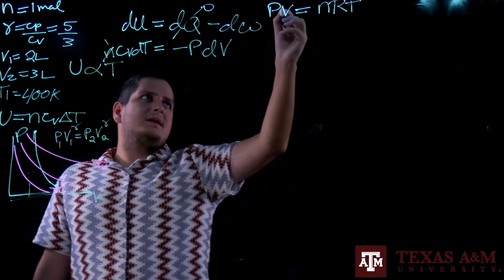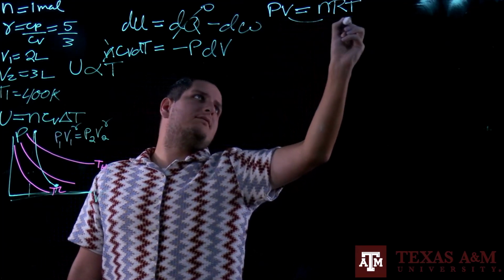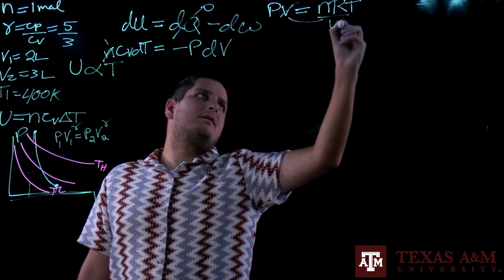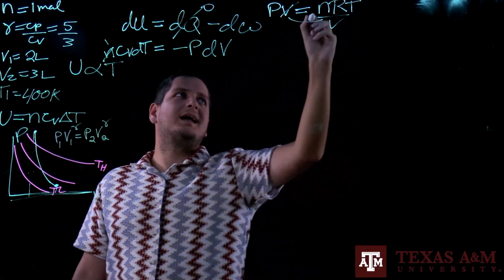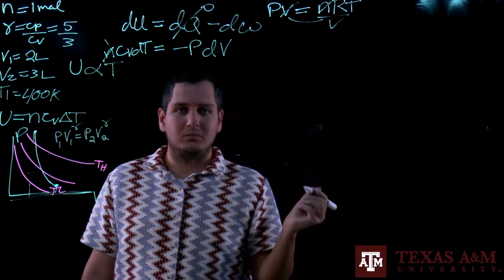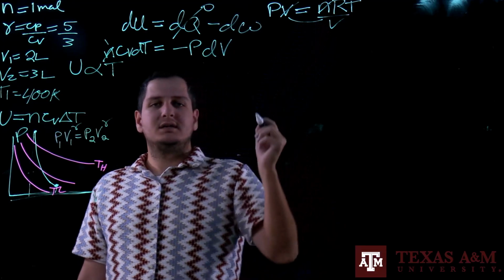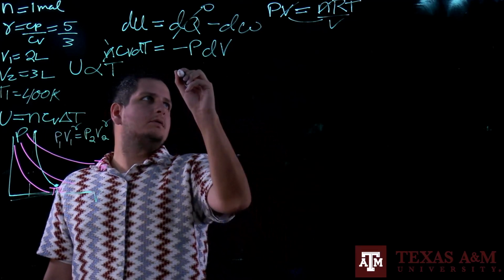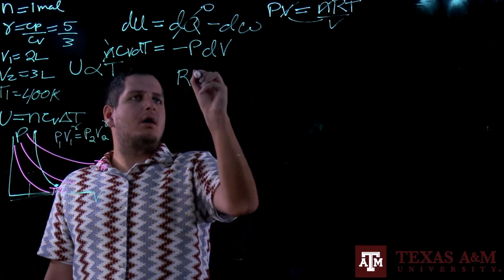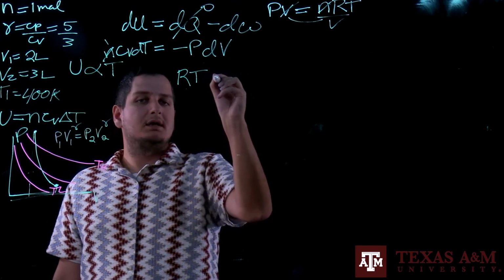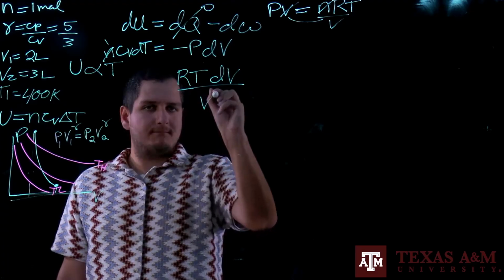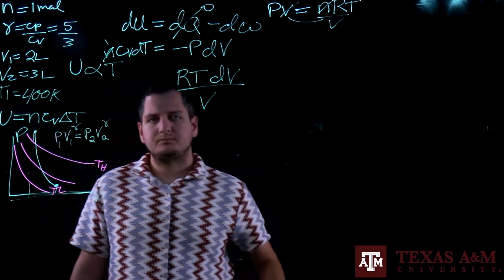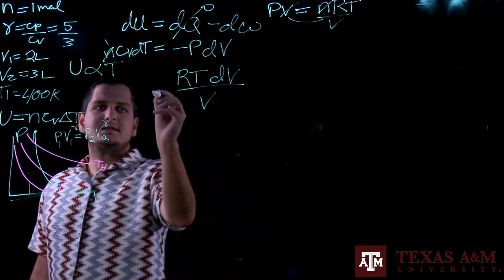So I could just move the V down here, and I have P is equal to nRT over V. And n is equal to 1 in this case. So minus RT dV over V.